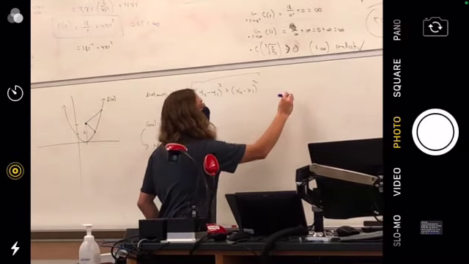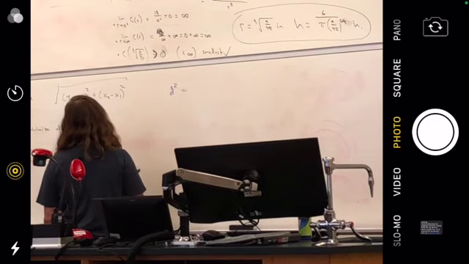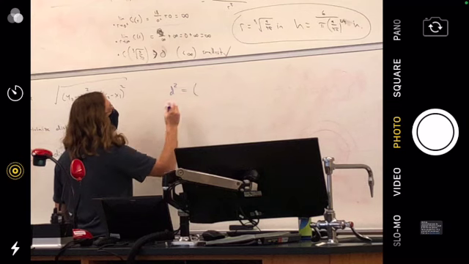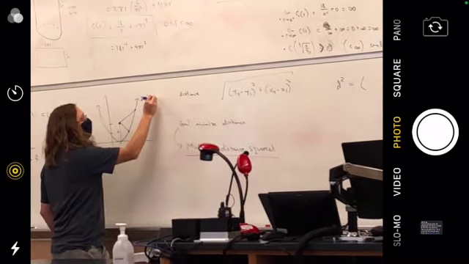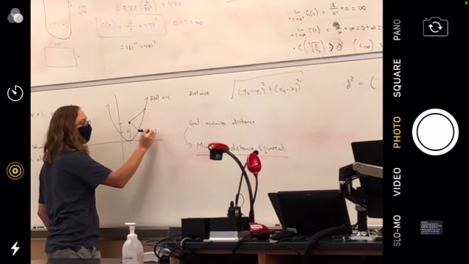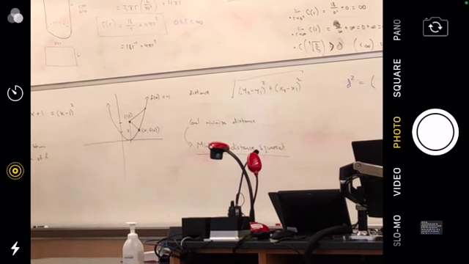So what is my distance squared? My distance squared would be the change in y coordinates squared. What is my change in y coordinates? I pick a random point here. This is x comma f of x. And I have this point here, which is 1 comma 2. So what is the distance?